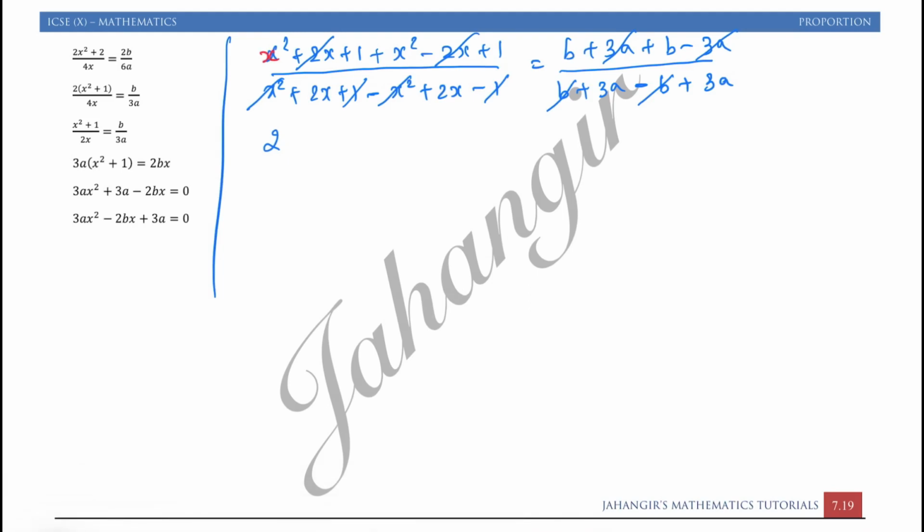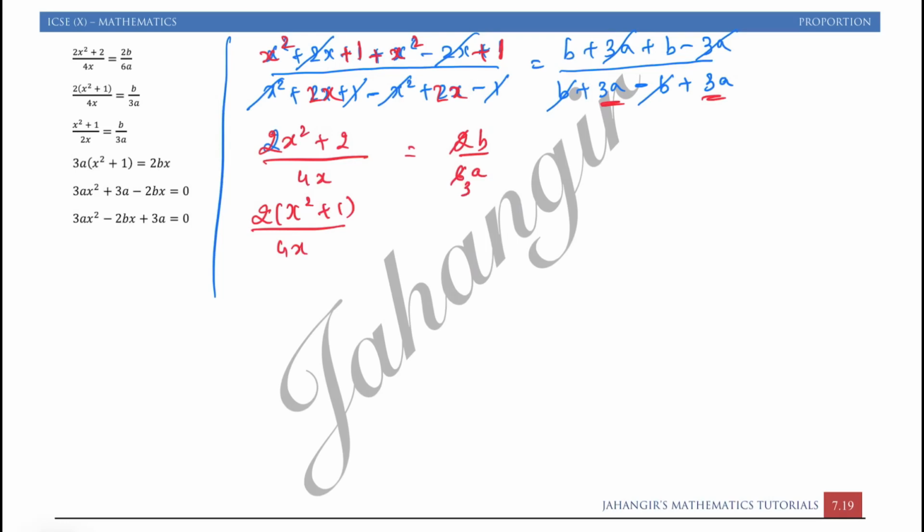See, x square plus x square, that is 2x square, 1 plus 1, that is plus 2, 2x square upon 2x plus 2x, that is 4x, is equal to 2b upon 3a plus 3a is 6a. So taking 2 common from the numerator, x square plus 1 upon 4x, 2 ones are 2, 2 threes are 6, b upon 3a.